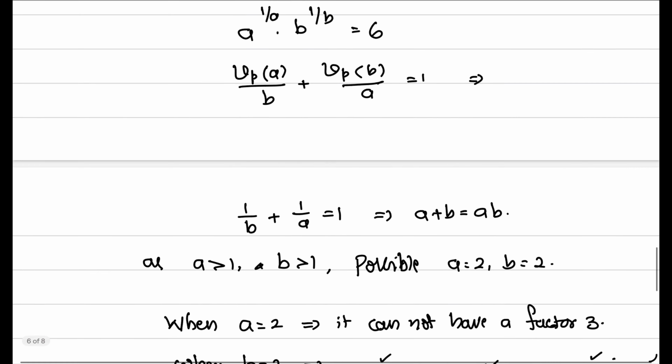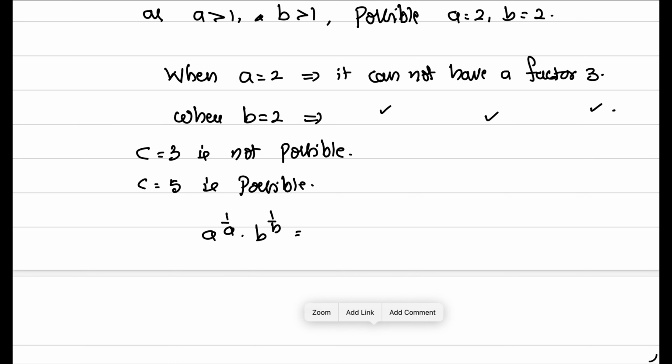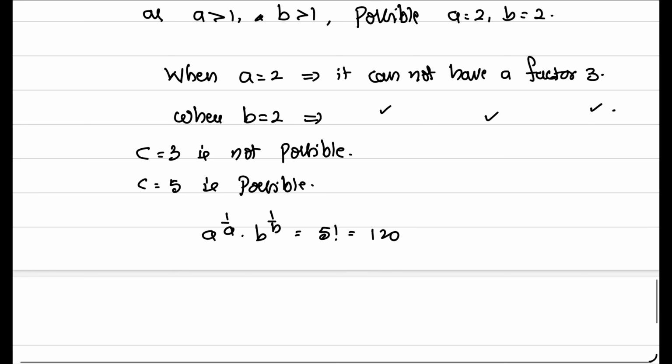That is also not possible. A to the power of 1 by A into B to the power of 1 by B is equal to factorial 5, that is equal to 120.